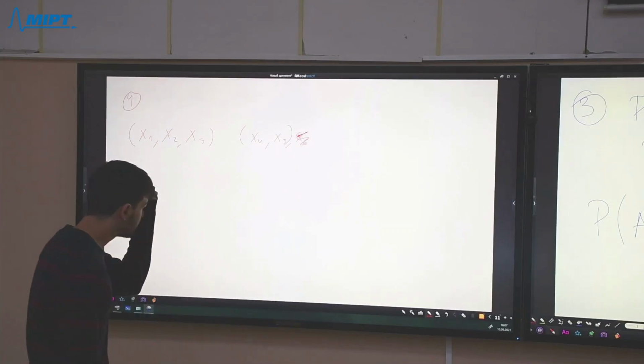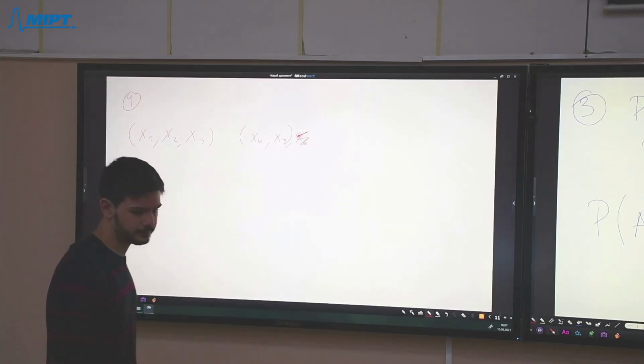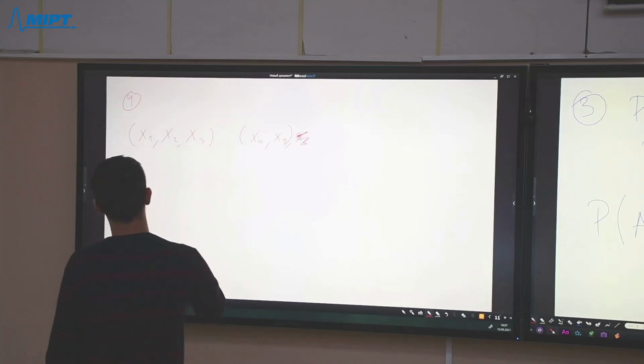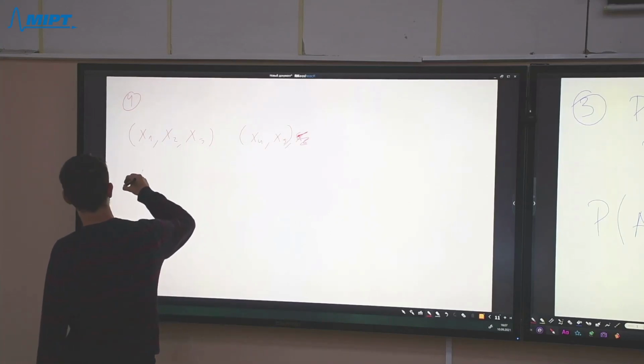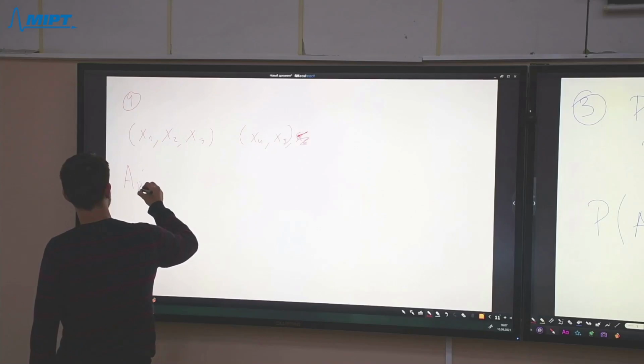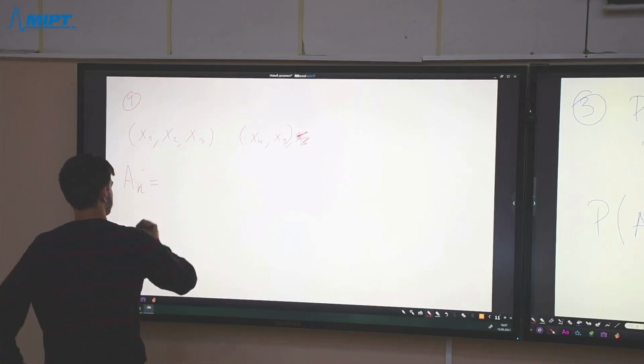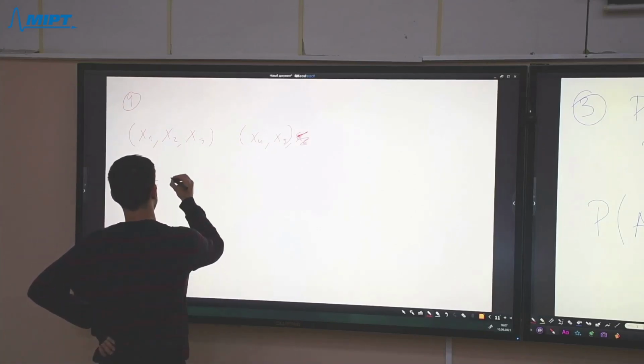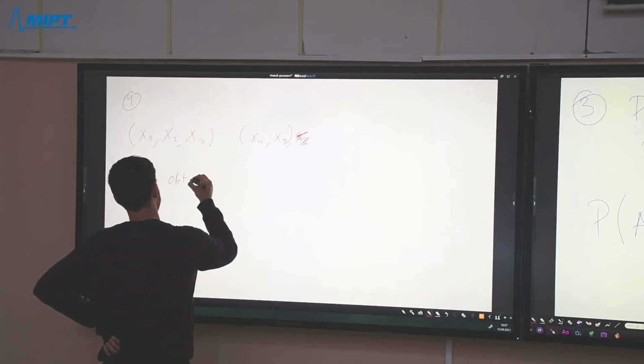So let's do the following. Let's denote a new event, A sub k, and this is going to be the event that we obtain the number 6 in the kth turn. All right.